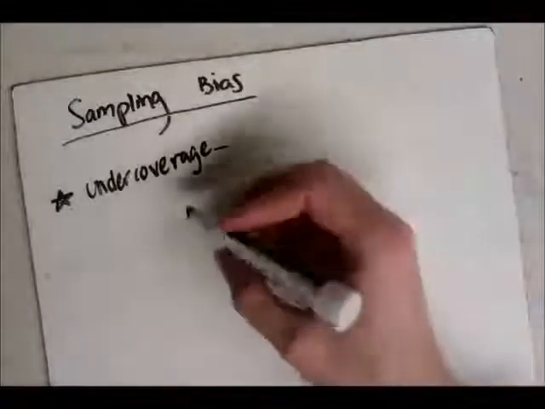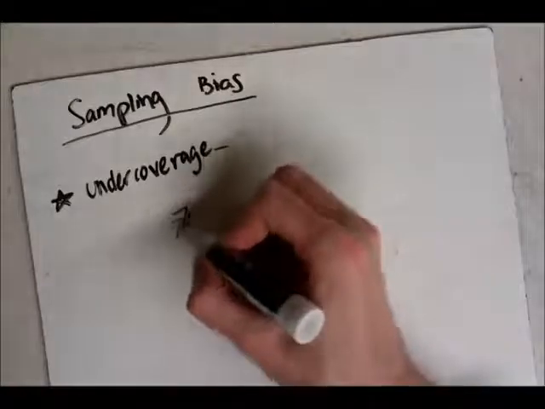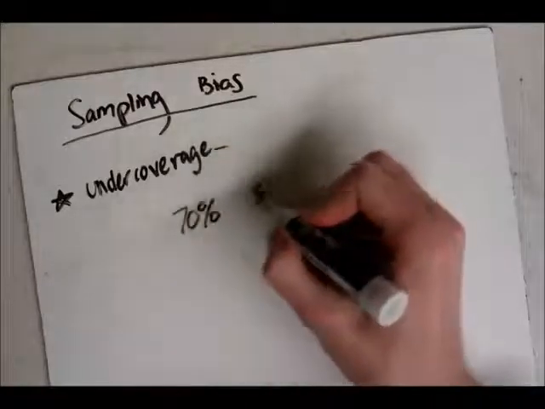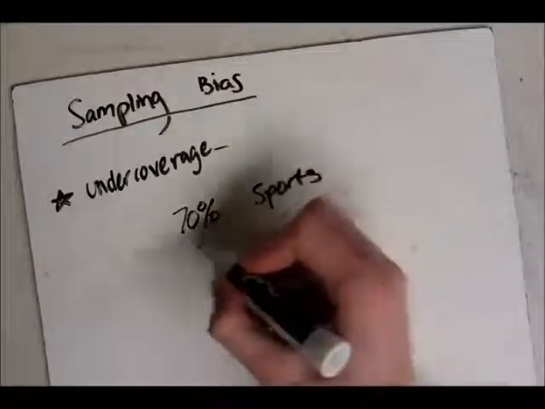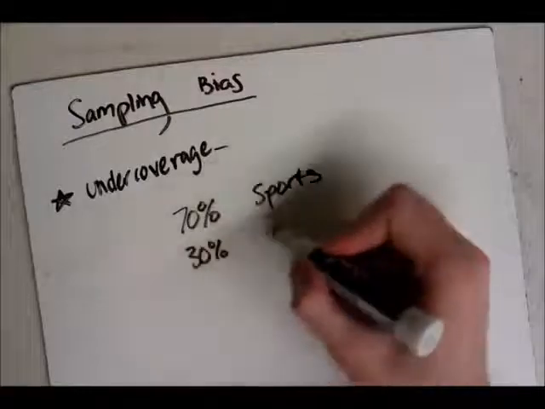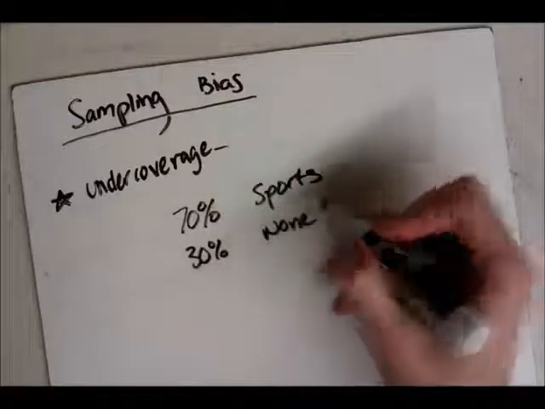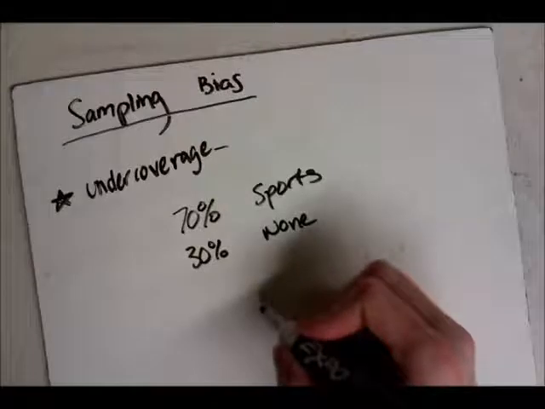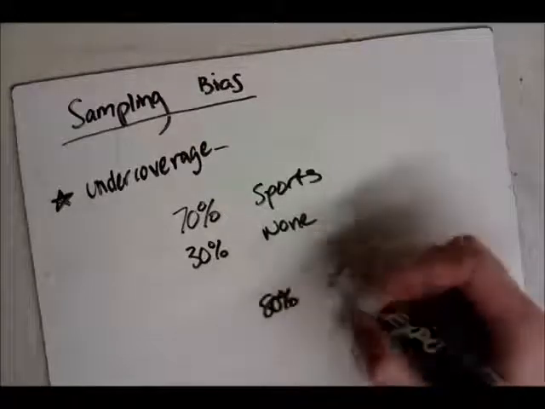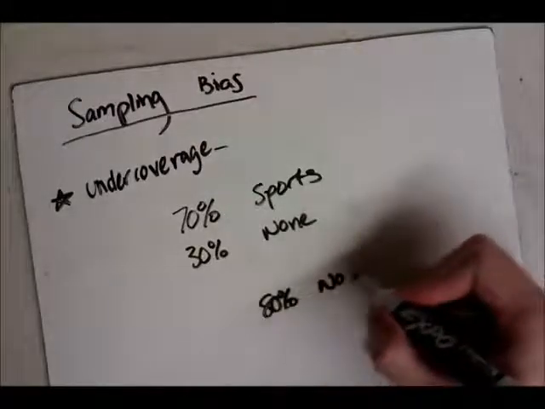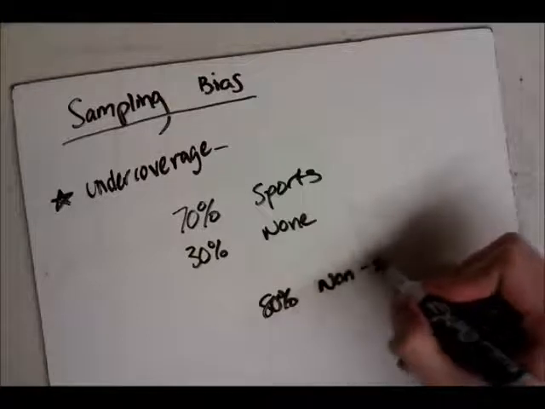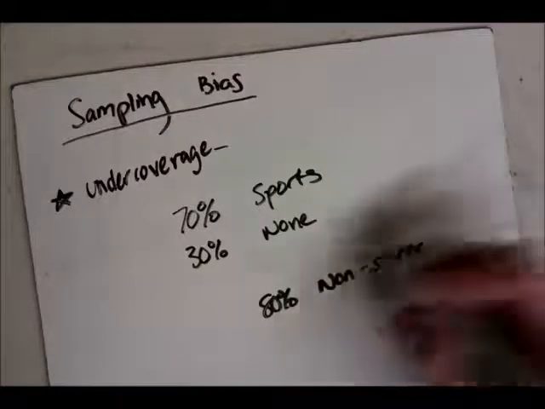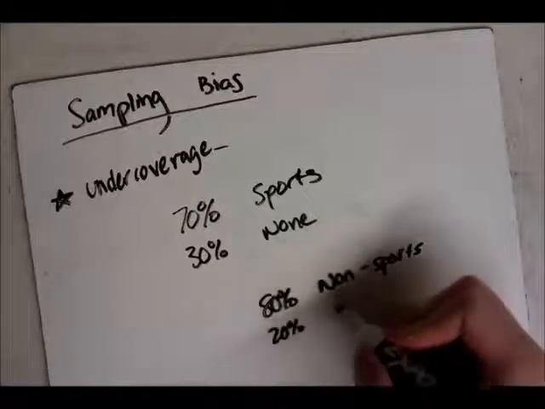Another example there, going back to the stratified, let's say our population was 70% sports and 30% non-sports. And somehow in our sample we end up with 80% of our sample being non-sports. They don't play any sports. And only 20% played sports.